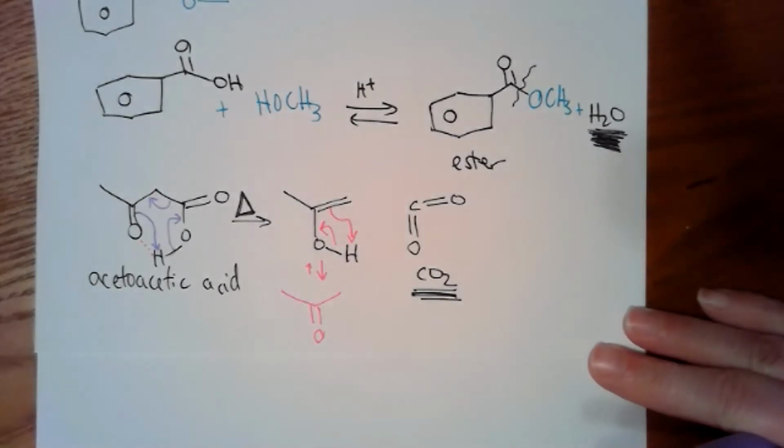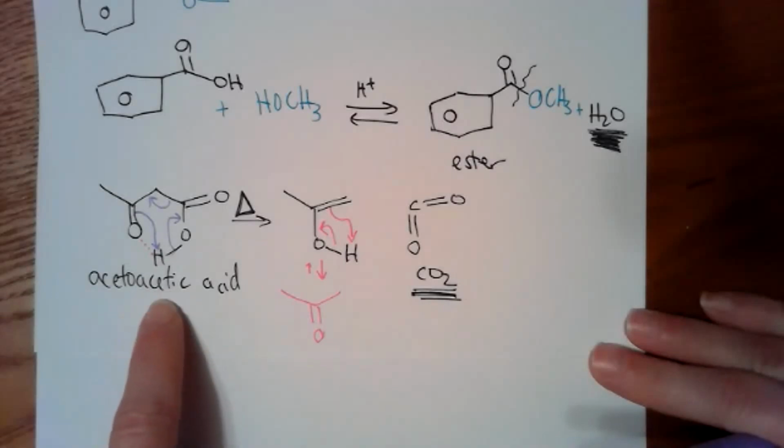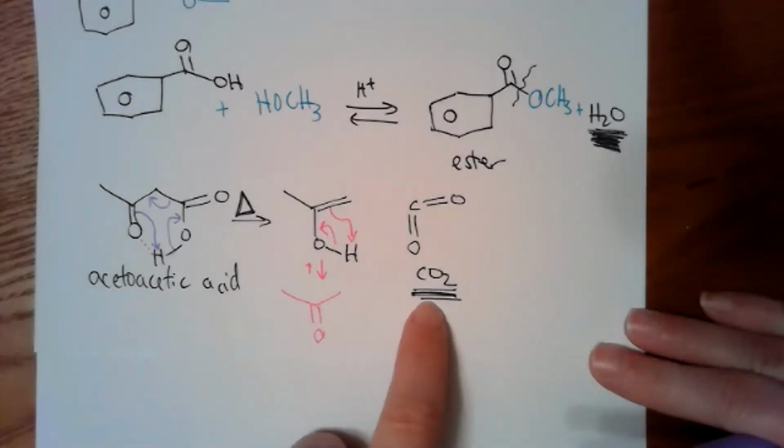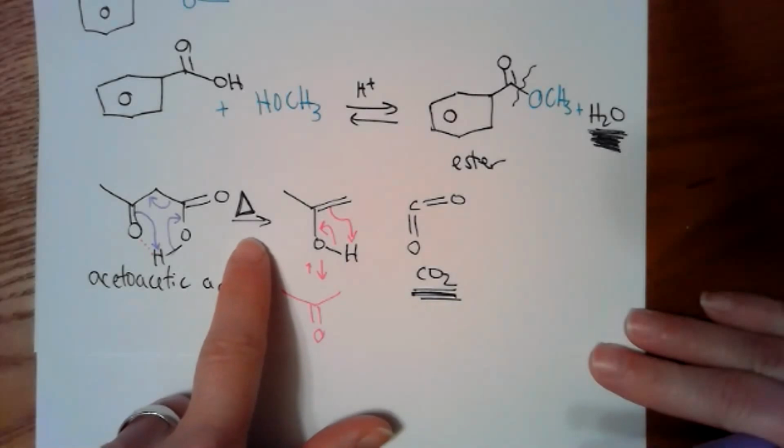But wait, I thought you said the most common thing that happens to carboxylic acids when you heat them is anhydride formation. Yep, that's still the truth. The most common thing that happens when you heat a carboxylic acid is making an anhydride. But special acids like acetoacetic acid can potentially decarboxylate when you heat them.